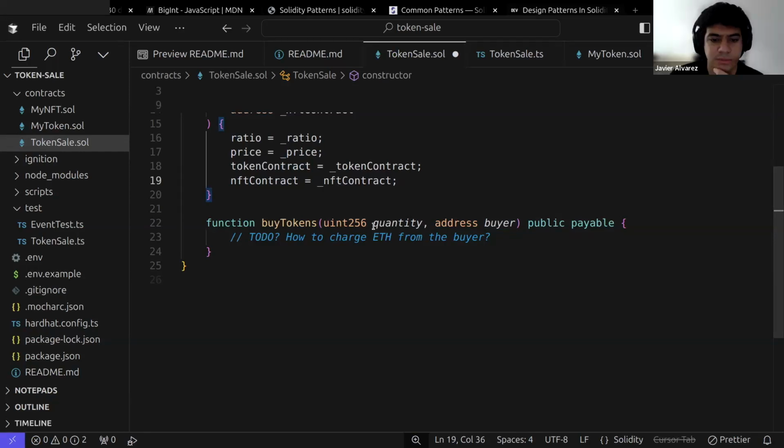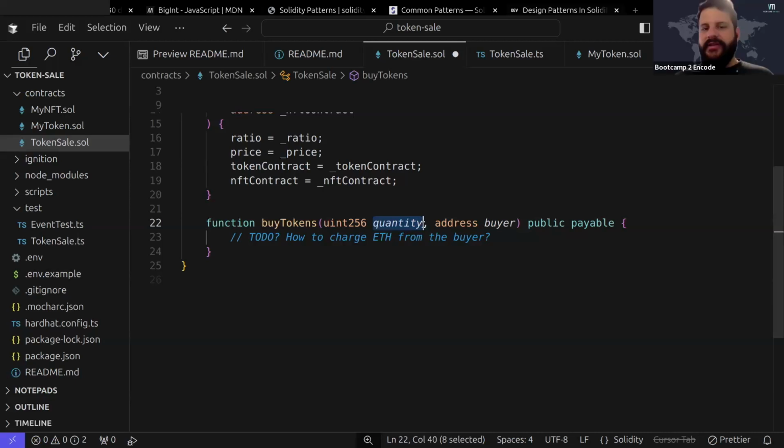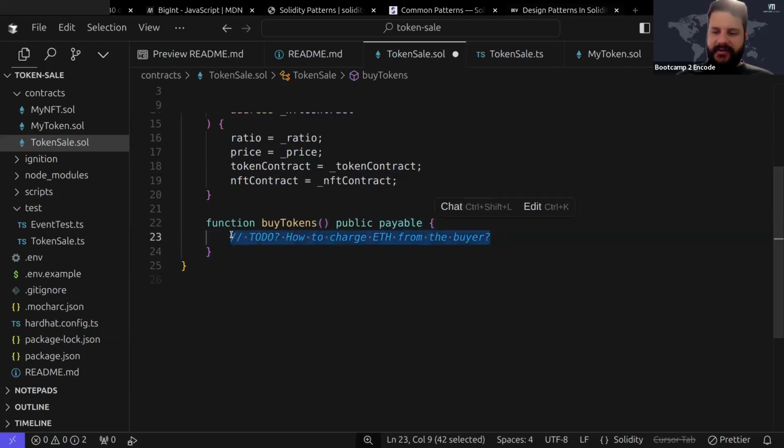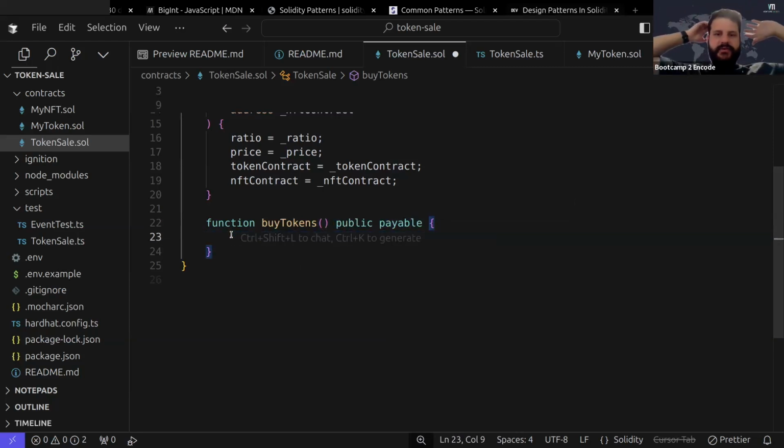Oh, you're right. So I have the quantity that I want to pass, I have the address of the person, and I don't even need to charge. The money is there already. Yes, this is how we handle native tokens. Unfortunately, handling ERC20s and others is more difficult, but for native tokens it is very easy.